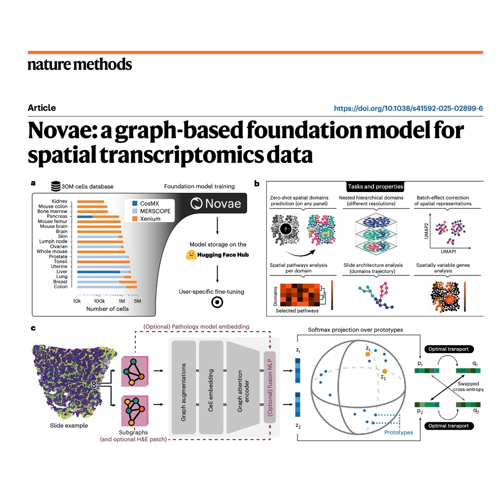To really appreciate what Novae is doing, I think we need to quickly look at the fractured landscape it's trying to unify. You have two main categories of ST tech. The first is next-generation sequencing-based, or NGS-based methods, things like Visium. They offer whole transcriptome data, so you get all the genes, but they're generally pretty low resolution. Right, they're looking at spots, not necessarily single cells.